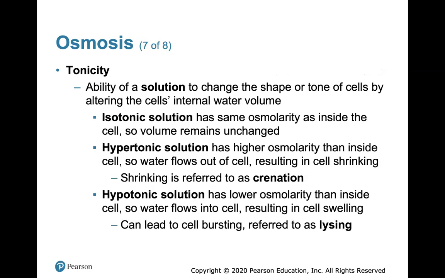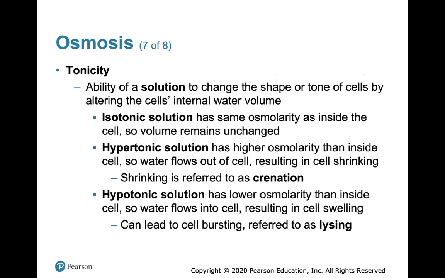And this brings us to what we call tonicity, which is the ability of a solution to change the shape or tone of cells by altering the cell's internal water volume. An isotonic solution has the same osmolarity as the inside of the cell, so volume remains unchanged. A hypertonic solution has a higher osmolarity or concentration than the inside of the cell.